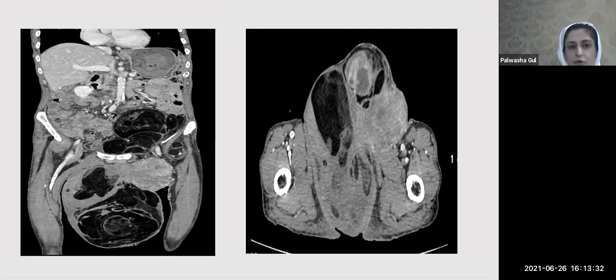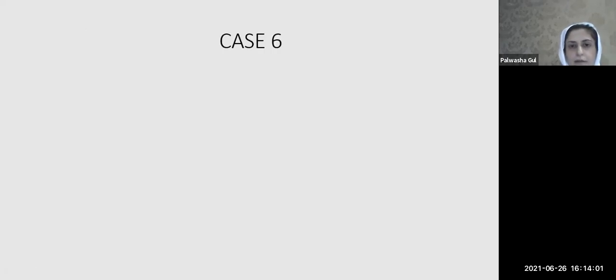A retroperitoneal liposarcoma which is large enough and going to the inguinal region would be associated with more morbidity and mortality compared to an inguinal-scrotal liposarcoma alone. So you need to differentiate the location, whether it is retroperitoneal going to the inguinal region or inguinal-scrotal, because for a surgeon it is very important information that you are going to provide. So a typical appearance, but in a slightly atypical location.